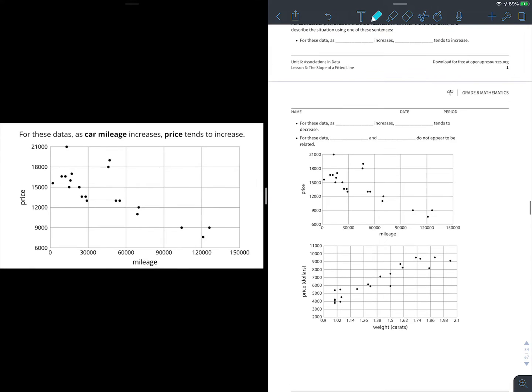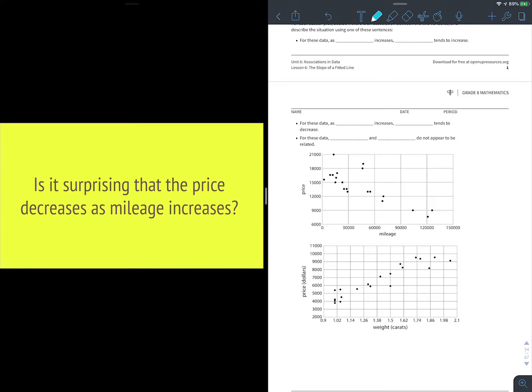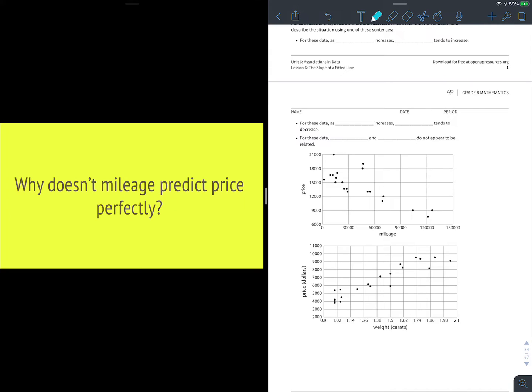So in just thinking about that, I'm not going to fill that in because that is on the left side of the screen, but is it surprising that the price decreases as the mileage increases? That's just something for you to think about. Why doesn't the mileage predict the price perfectly? So again, just kind of reflect on those questions.